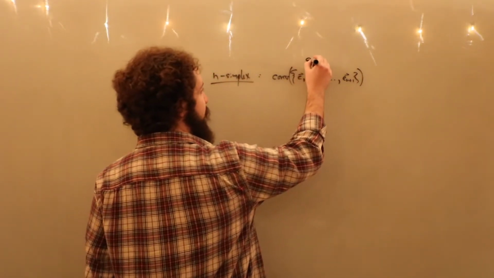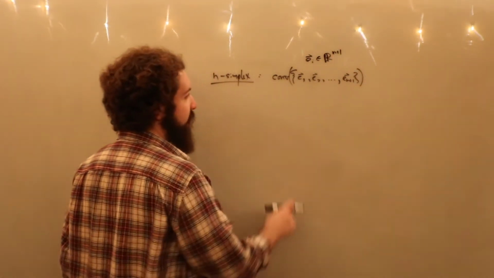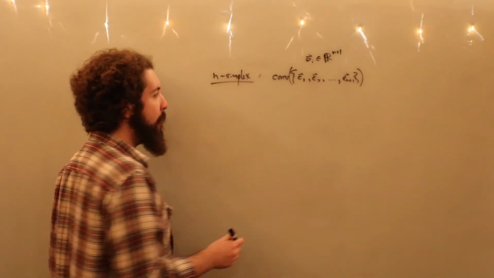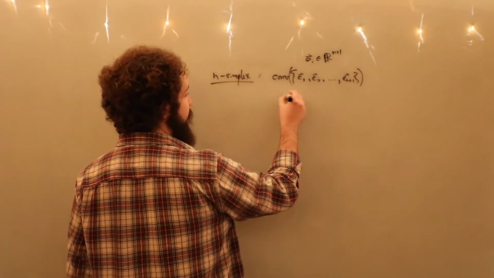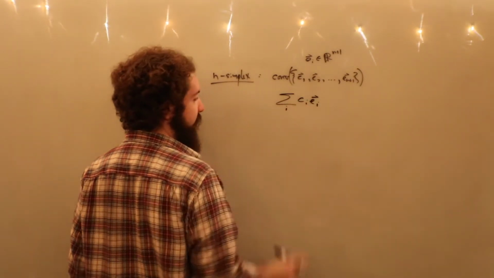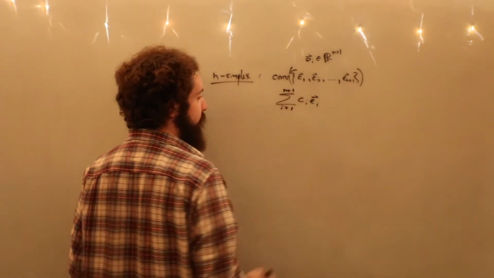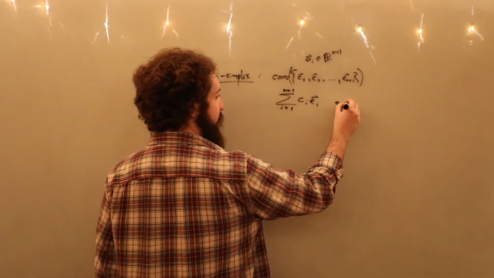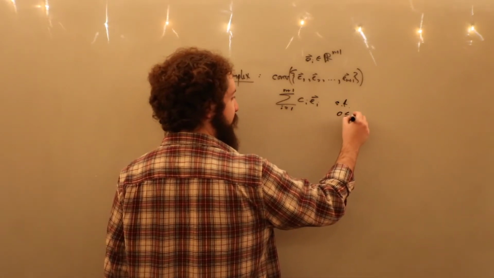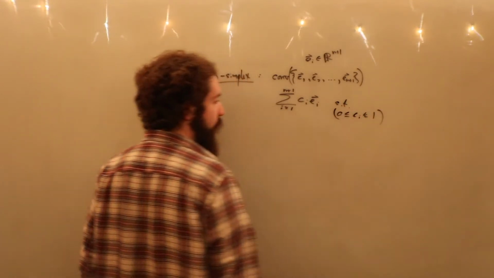So e sub i is in R^(n+1). We're going to take the convex hull of this set of vectors. What is the convex hull? This is just the set of all linear combinations sum of c_i e_i, over i equals 1 to n plus 1, such that each c_i is between 0 and 1.